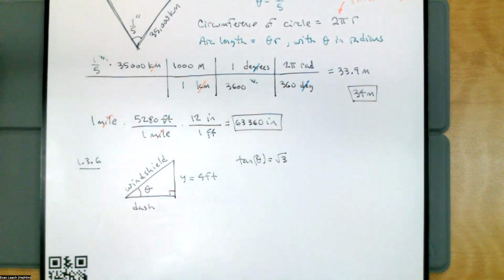There are a few ways that we can go about this problem. Number one, we could recognize that if the tangent of theta is equal to the square root of 3, that tells us that angle theta is equal to 60 degrees.